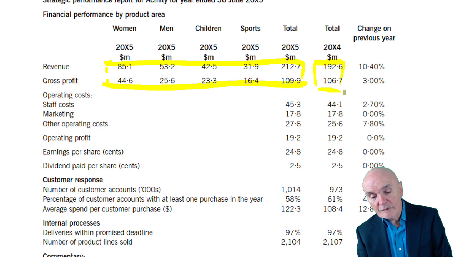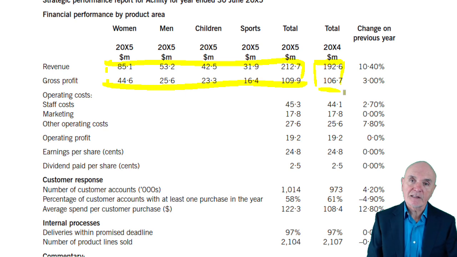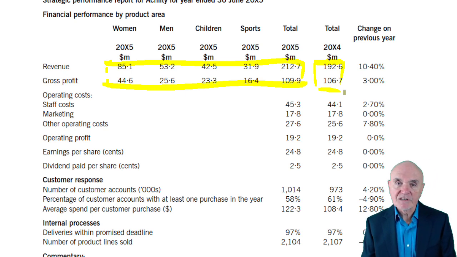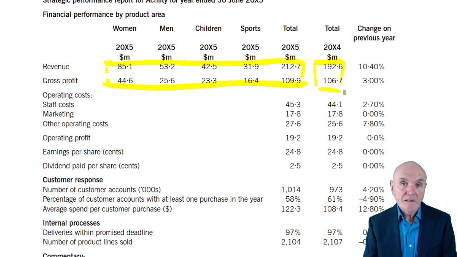And I would have thought that it would have been quite important to be able to compare sector to sector here. Because the chances are that some of the product areas might be doing well, some others might be doing badly, and we need to know what's what.